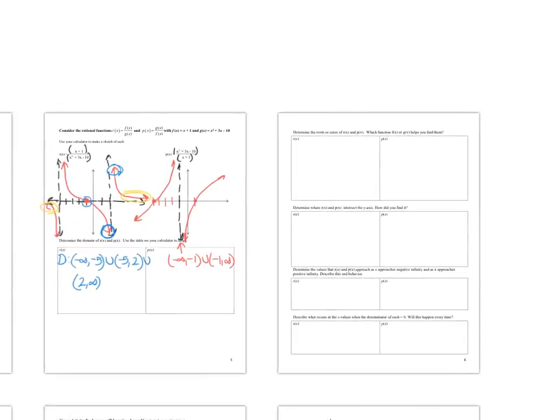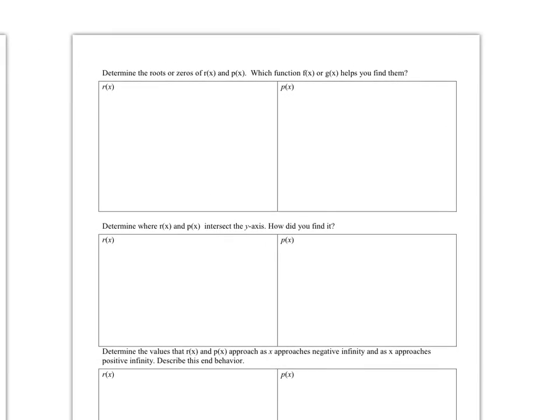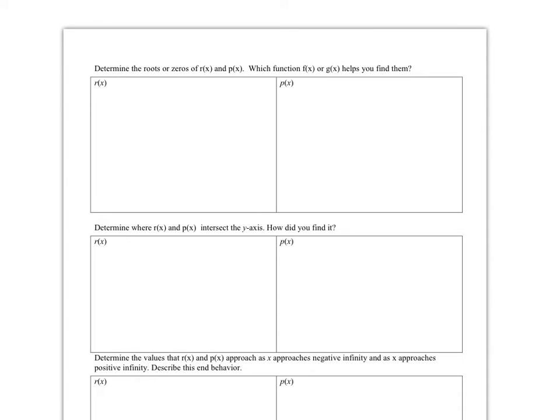Okay, so go ahead and flip to page 6, and it'll be helpful for you to write the functions r of x and p of x on top so you know what you are referencing, because it's not written here on the new page. First up, it's asking us to determine the roots or zeros.